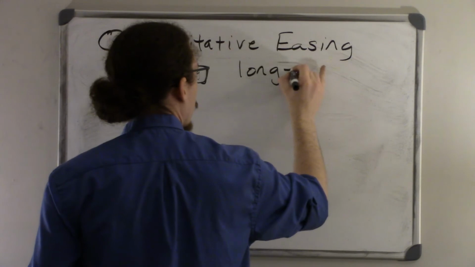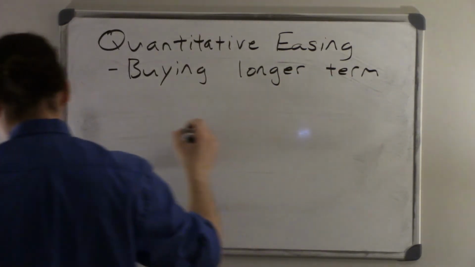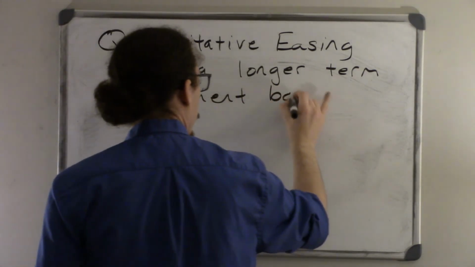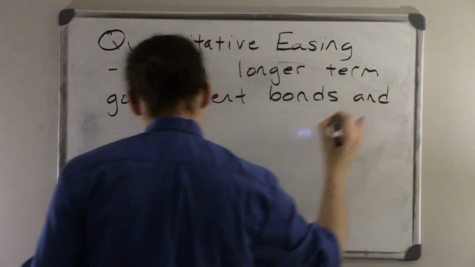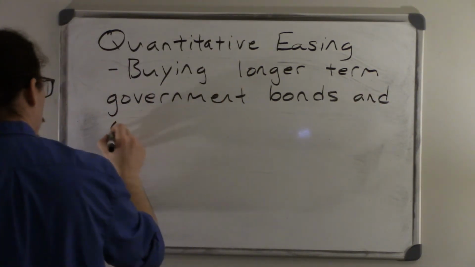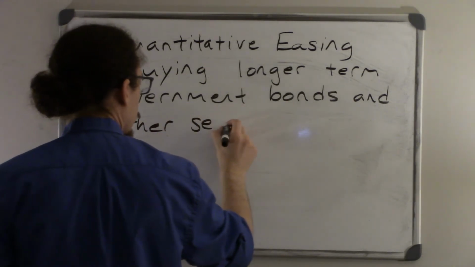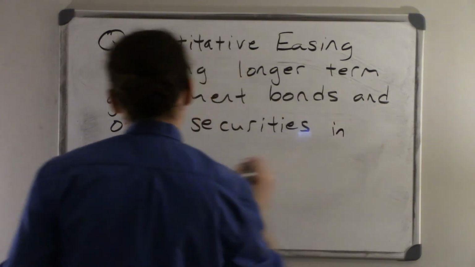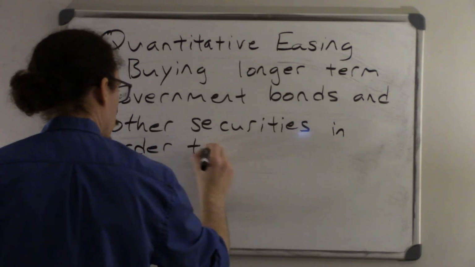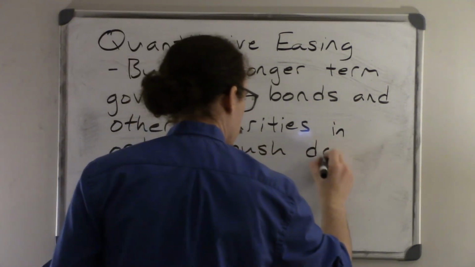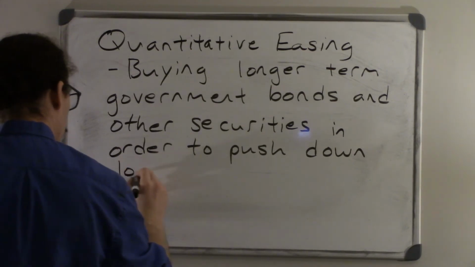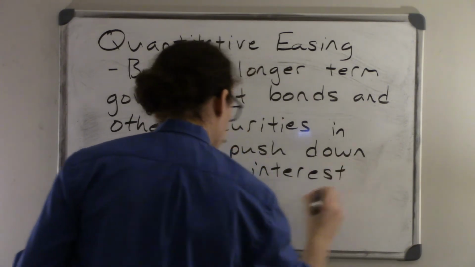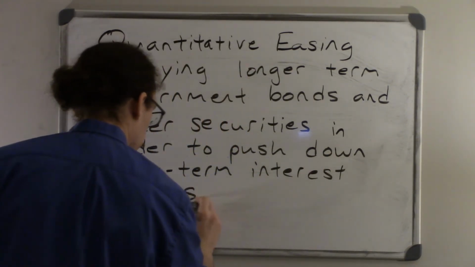Quantitative easing is when the Fed buys longer-term government bonds or other securities in order to push down long-term interest rates.